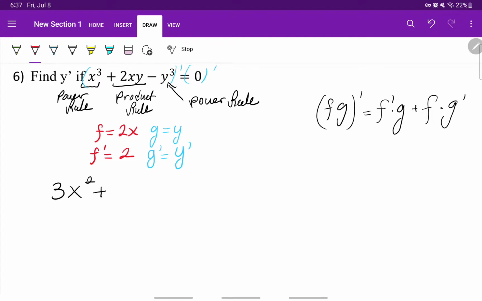So f prime times g. F prime is 2. G is y. That's plus regular f, which is going to be 2x, times g prime, which is going to be y prime.